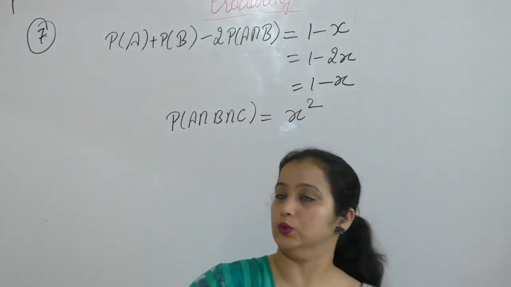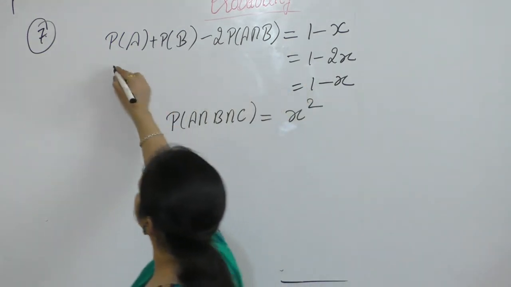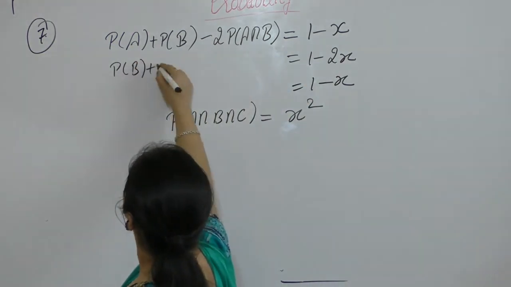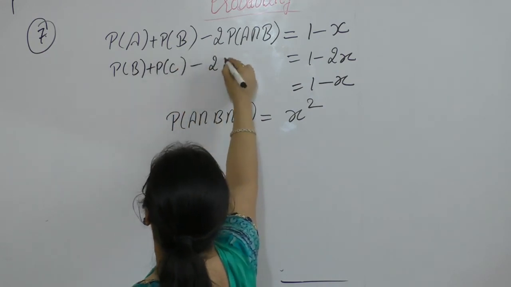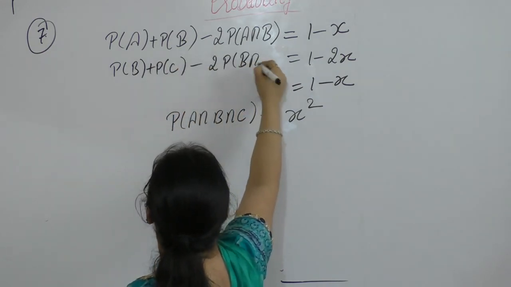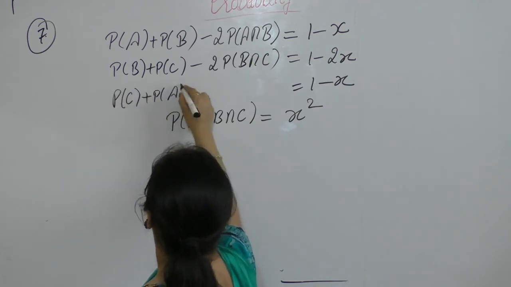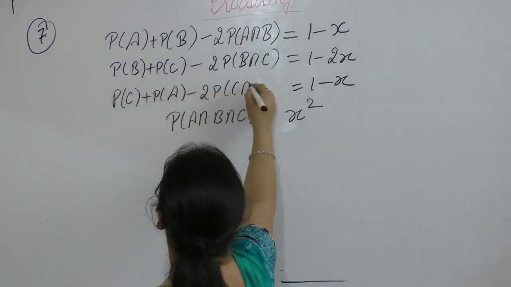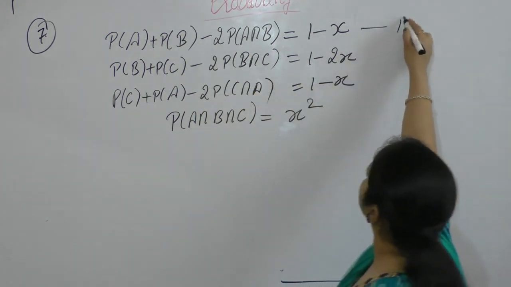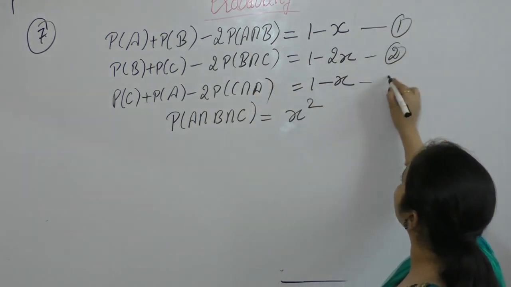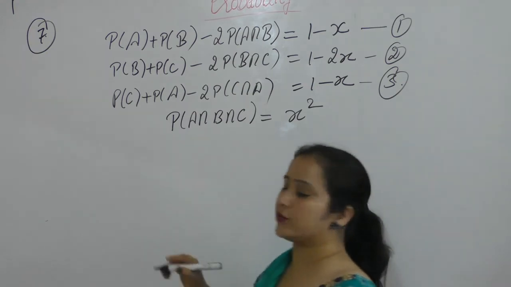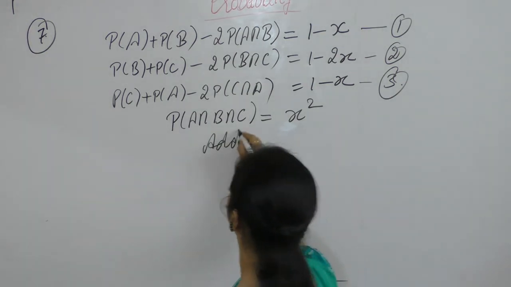Now the probability, this is the occurrence of B and C, C and A. Let these equations be 1, 2 and 3. Now add equations 1, 2 and 3.